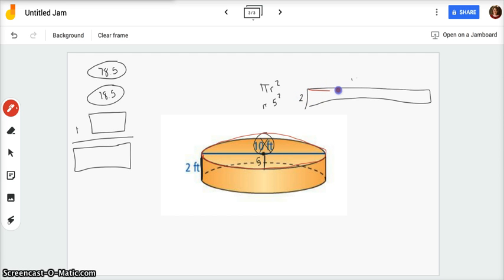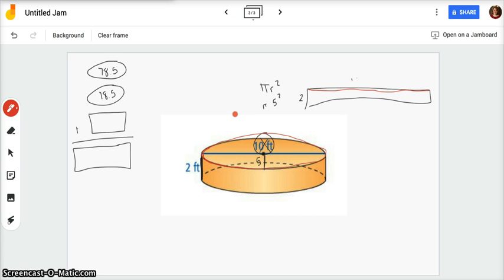So this line right here is actually the length of my circle if I were to unroll it. And if you remember your vocabulary definitions, this red measurement, this distance around the circle is called something. See if you can remember what it is.